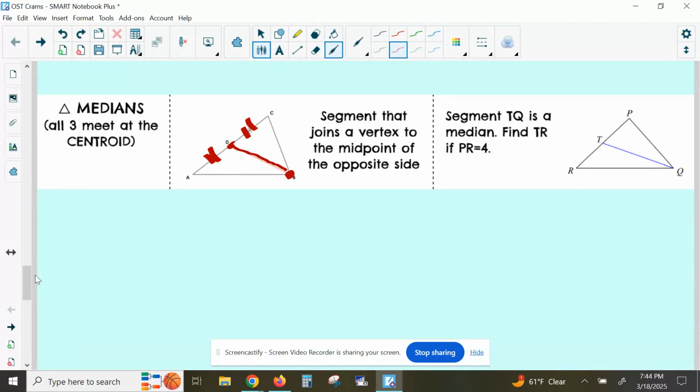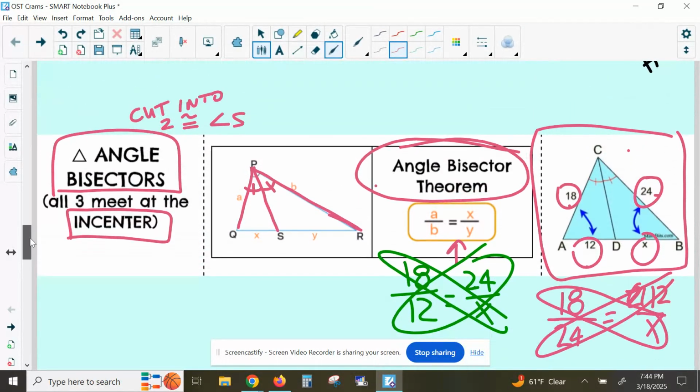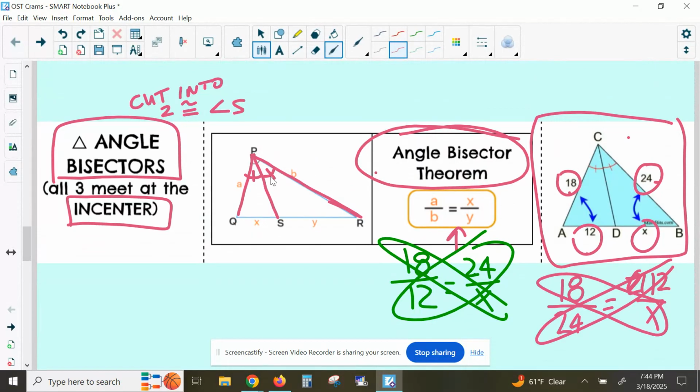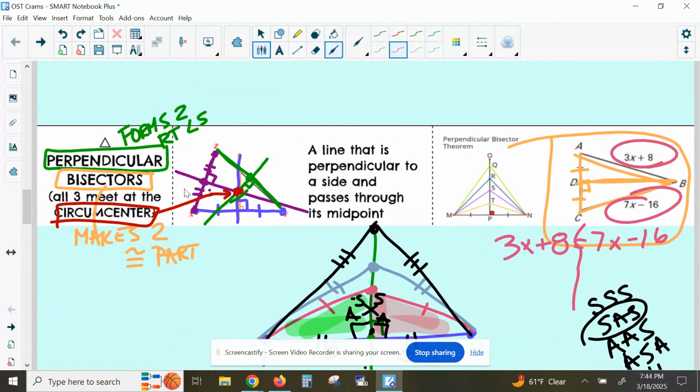Now that's unlike the last thing, because we had angle bisectors and that divided an angle. So it didn't necessarily go to the middle of this other side. And then we also had some perpendicular bisectors.